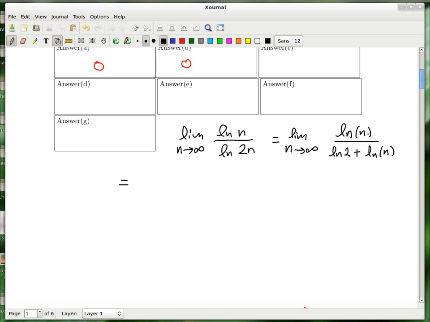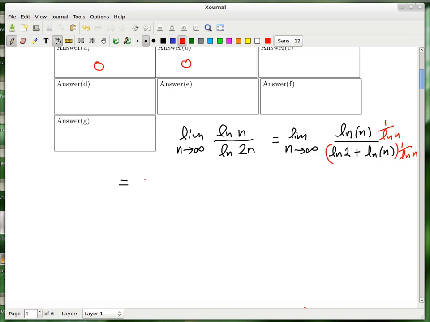Now it's kind of obvious what's going on here, right? But if you want to really beat it into the ground, then divide top and bottom by ln n, that is, multiply by 1 over ln n on top and bottom. What's going to happen when you do that?